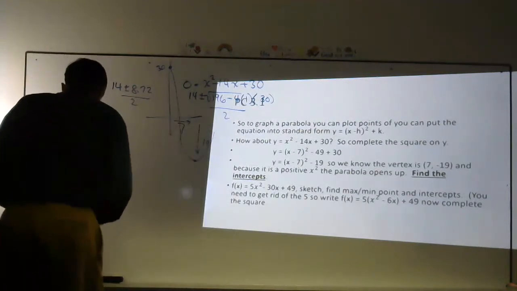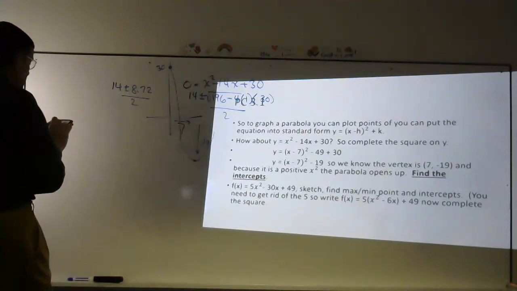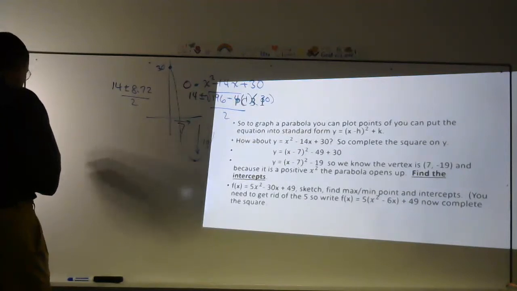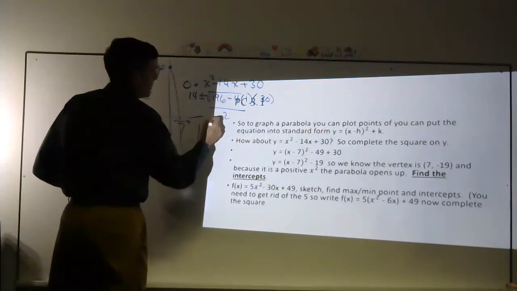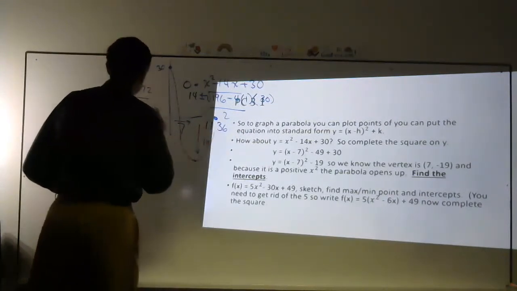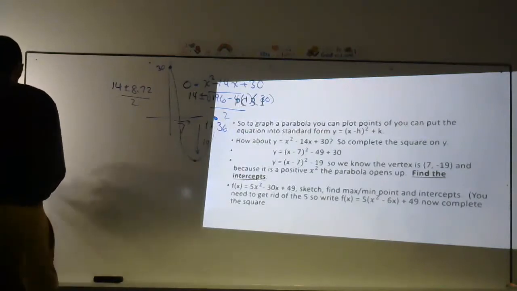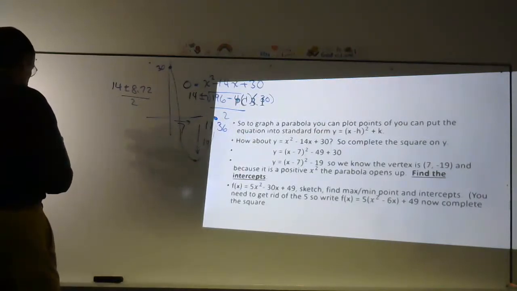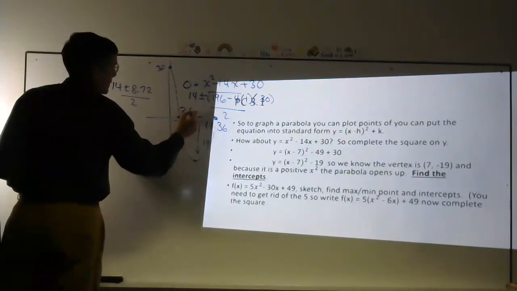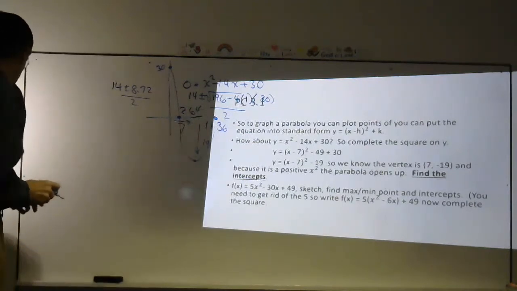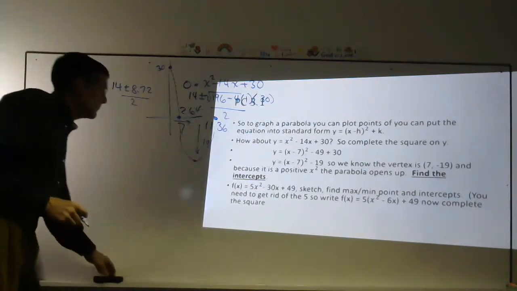So if I add those, 14 plus 8.72 and divide it by 2, I get 11.36. One place it hits here, 11.36, and 14 minus 8.72, should be able to do that in my head, and divide by 2, I get 2.64. And there are the intercepts, okay? All right.